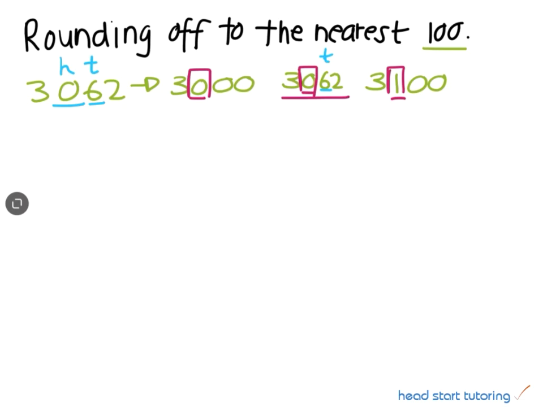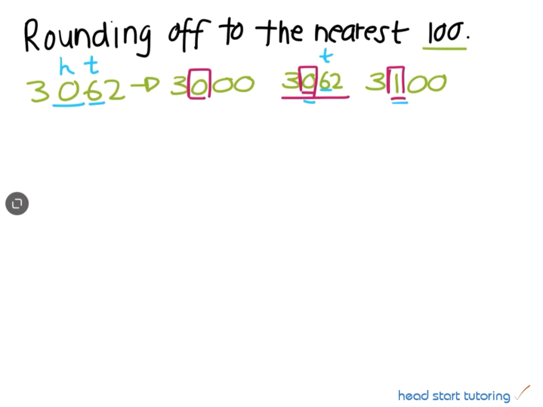So 3062, just like what we explained in the previous video, if our 10 is 5, 6, 7, 8, or 9, then our place value to the left, so in this case our 100, will round up by 1 digit and become a 1.